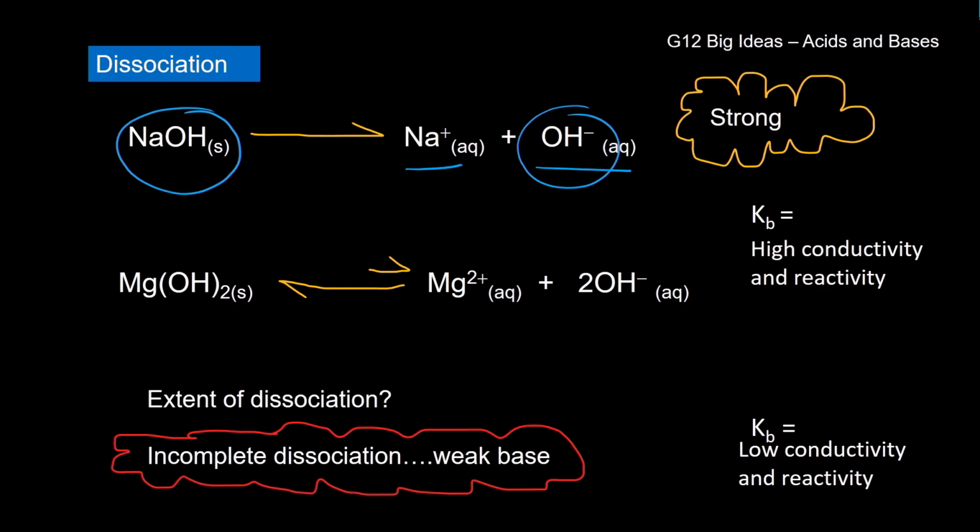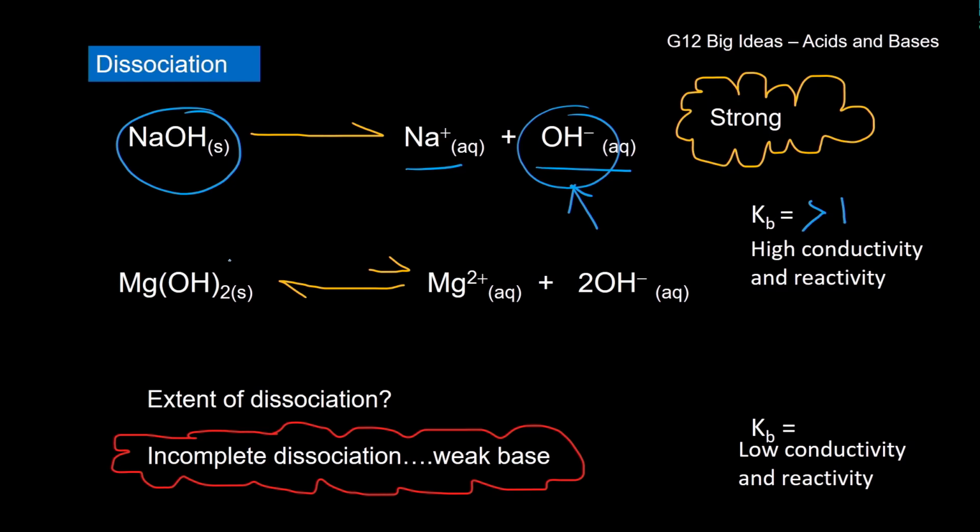So the concentration of those hydroxide ions is high, conductivity is high, reactivity is high, and the Kb value is going to be greater than 1. Again, that Kb value is talking about the base, about how many hydroxide ions are in solution, and we call it Kb. So it's like the equilibrium constant.